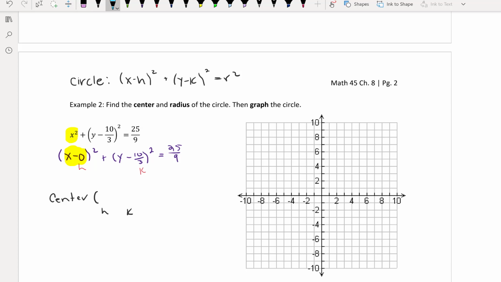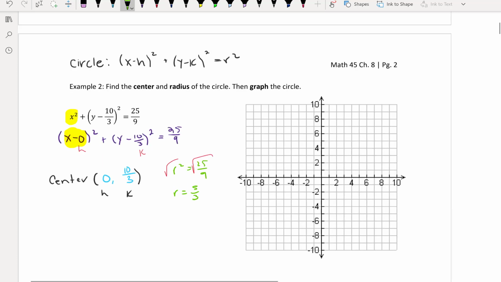Your h value here is 0 and the k value is 10/3. You can see here that your radius squared is equal to 25/9, so your radius is going to be the square root of both those things. Remember, to undo a square, you square root it. So you're going to have 5/3.